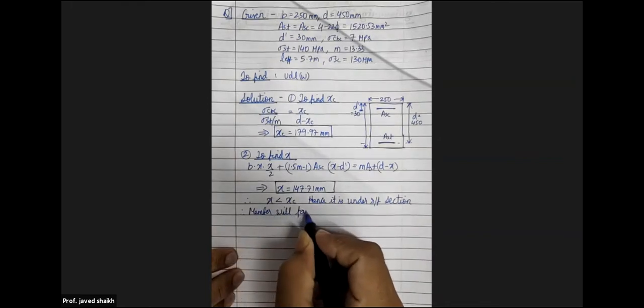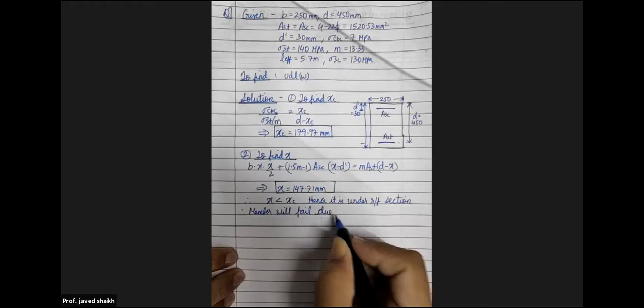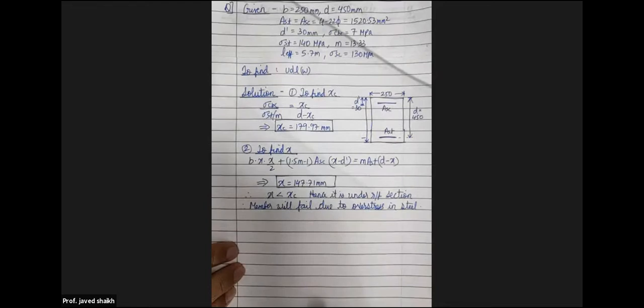So that means the member will fail due to overstress in steel. Am I correct? Member will fail due to overstress in steel.